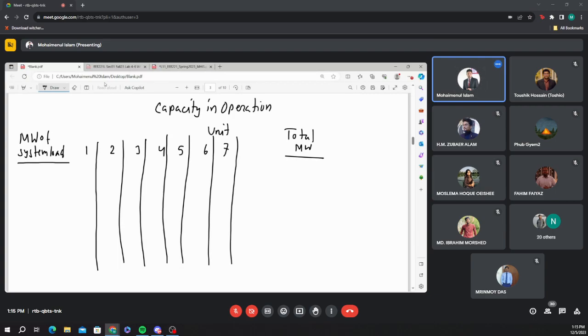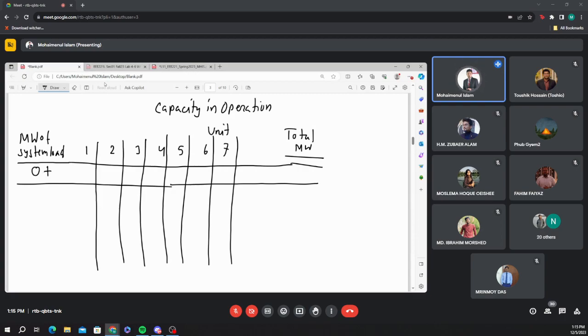Okay. For the first scenario, we don't need to provide any load. Suppose 0 megawatt, or from 0 to slightly above 0.